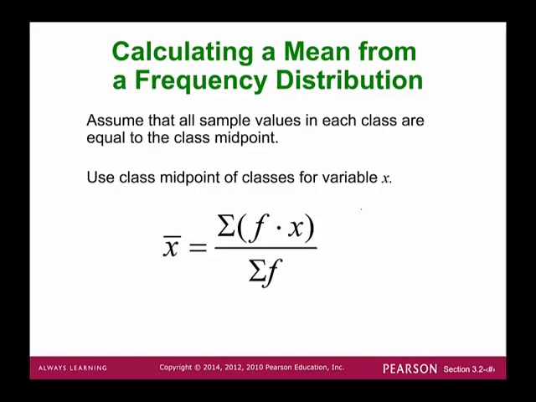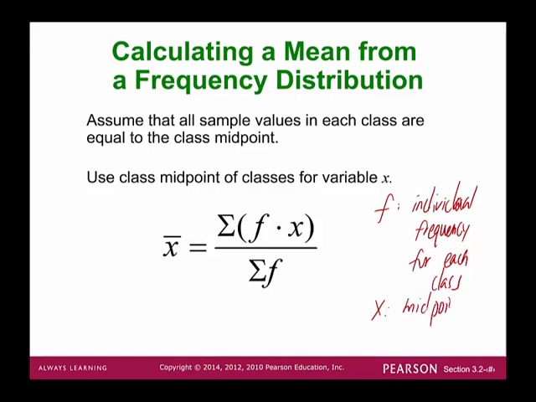So the formula is x bar, the sample mean for the frequency distribution, equals summation of f times x over summation of f, where f represents the individual frequency for each class, and x represents the midpoint. And summation of f actually means the sample size. Total frequency means the sample size. Same thing. Okay, that's the interpretation of those symbols.